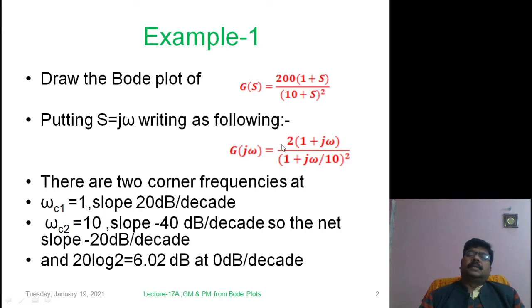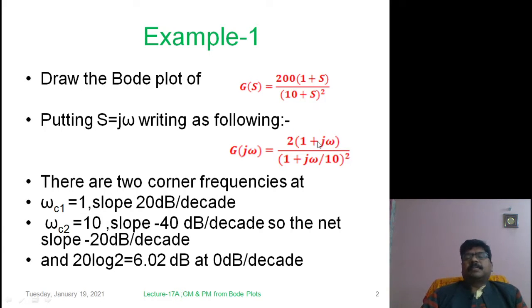Since 10 is taken common, this will be 1 plus s by 10, and 10 squared is 100 out of the bracket, so 200 divided by 100 is 2, and 1 plus j omega in the numerator, while in the denominator 1 plus j omega by 10 whole square.